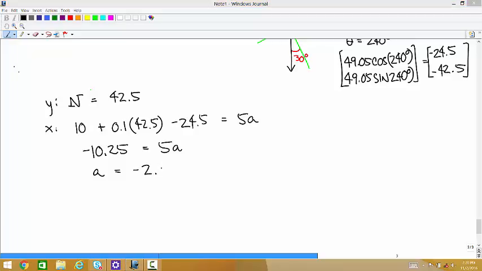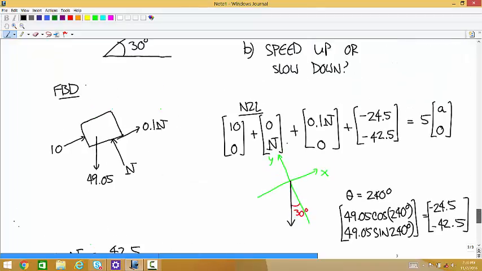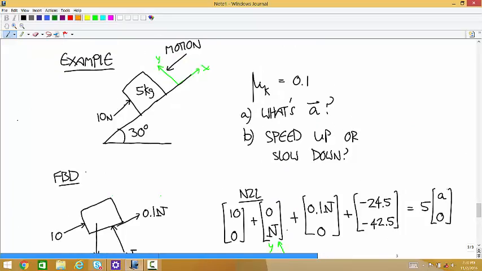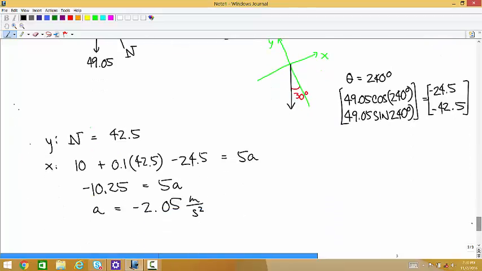Is that right? Yes. And so the acceleration vector is negative 2.05 x, 0 y.